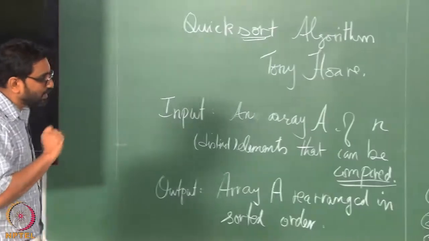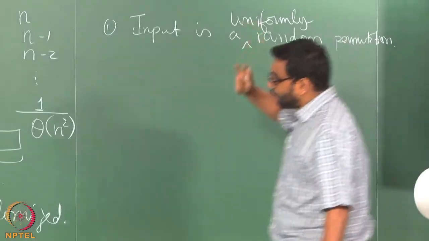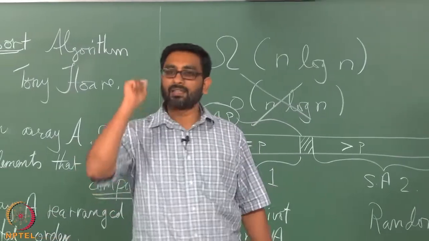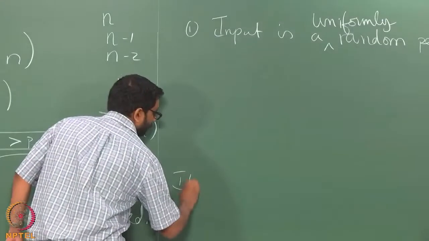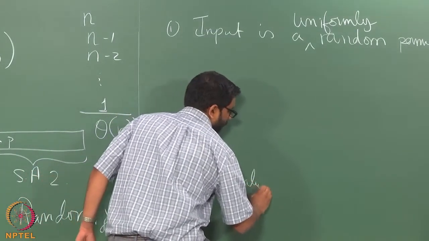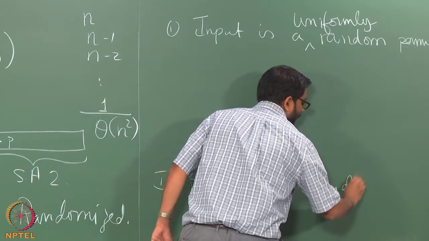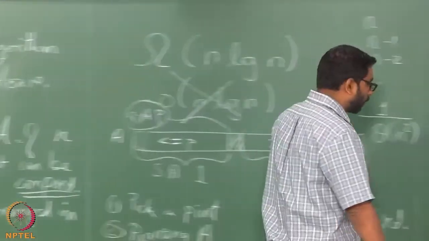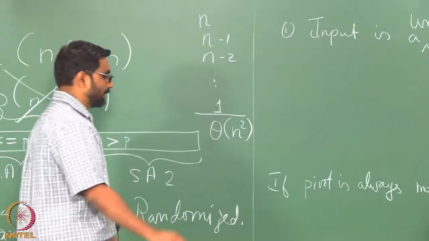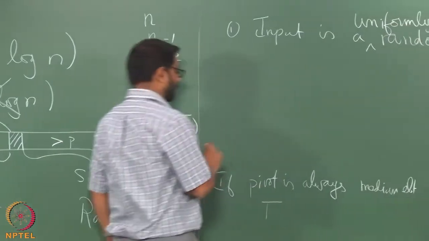Let's reason that out a little bit more carefully. So let's, to get our feet wet, assume magically that the pivot is exactly the median. Okay, each time. If somehow magically the pivot always ends up being the median element in the subarray that is being worked on, then the running time is given by the following recurrence.